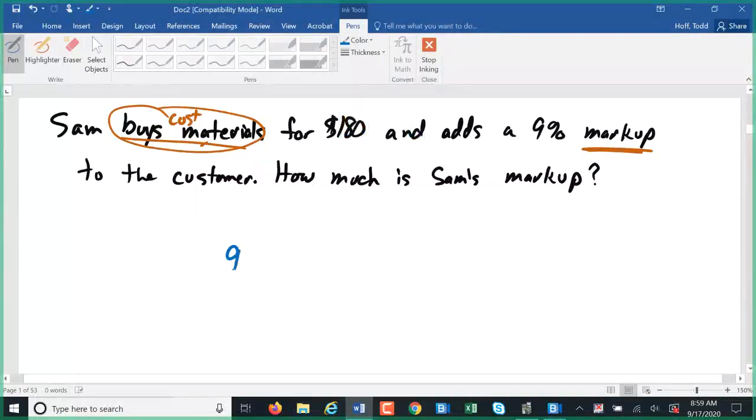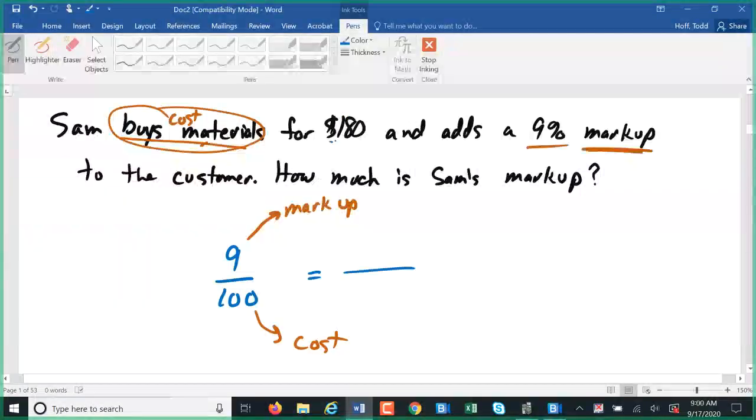So our 9% here, 9 out of 100, the 100 is that cost, that starting amount that Sam paid. The 9% is going to be the markup because it says 9% markup. So it's pretty obvious that the markup goes with the 9%. On the other side, the $180 is the cost. That goes on bottom.